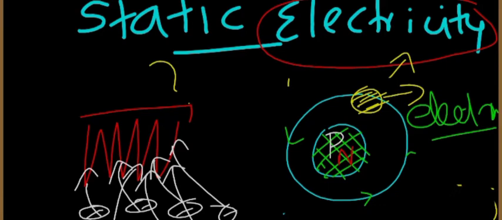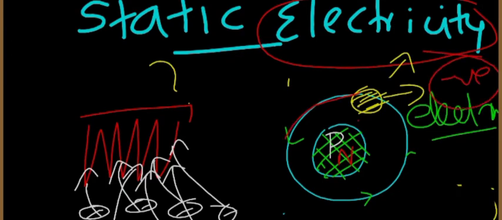How do they differ? The proton is a charged particle and has a positive charge. And the neutron doesn't have any charge at all. And the electron which is revolving around it has a negative charge.